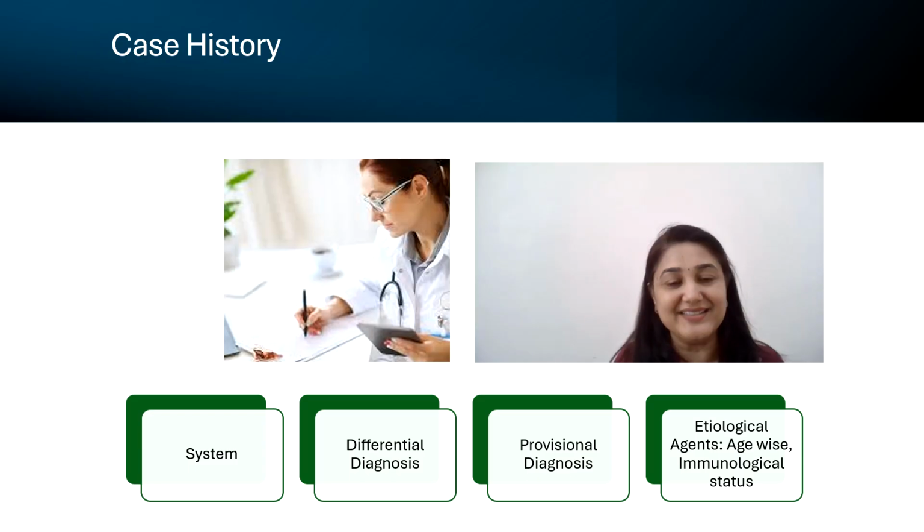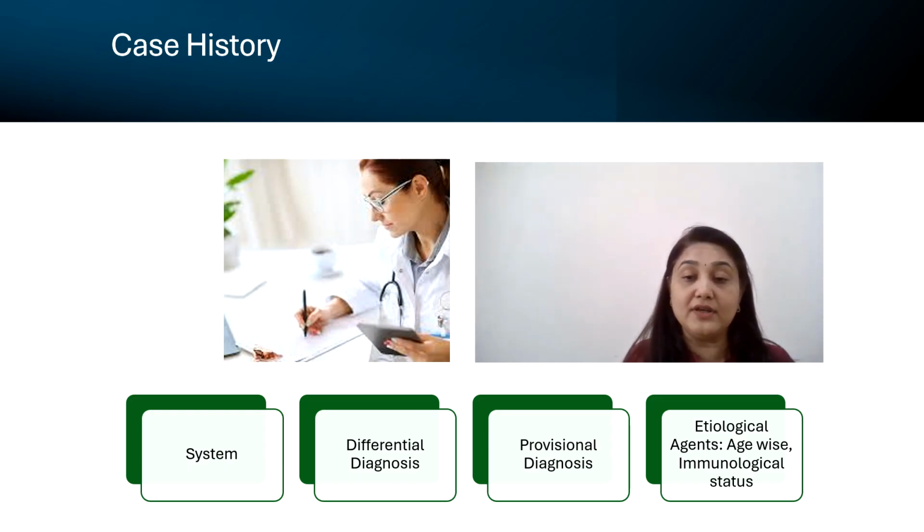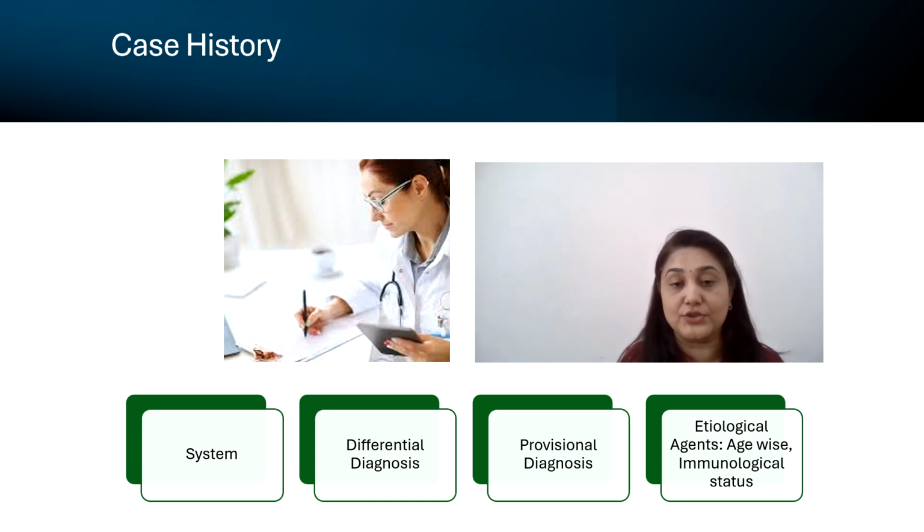Let's proceed. In your practical examination, generally you will be given a case history for a bacteriological long case. Based on the case history, one should understand which system is affected and what the various differential diagnoses are.